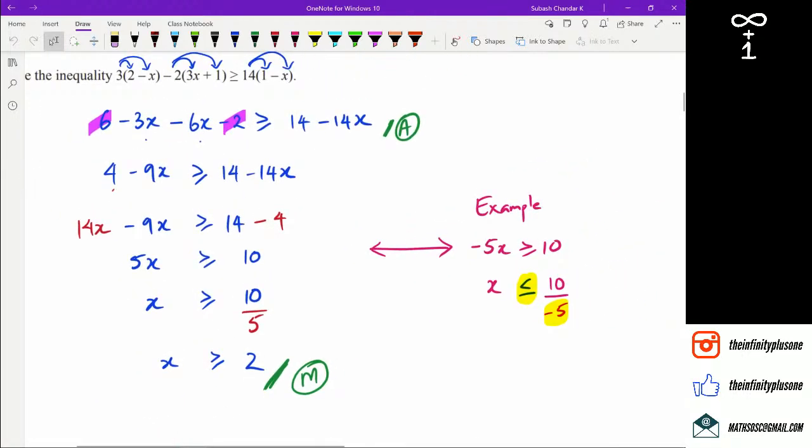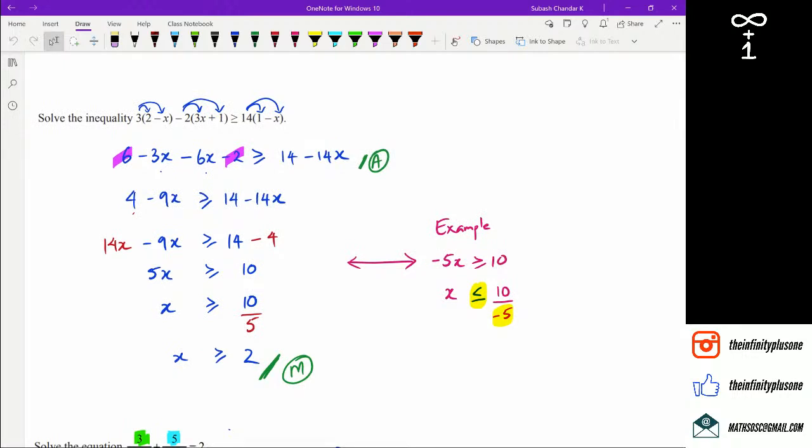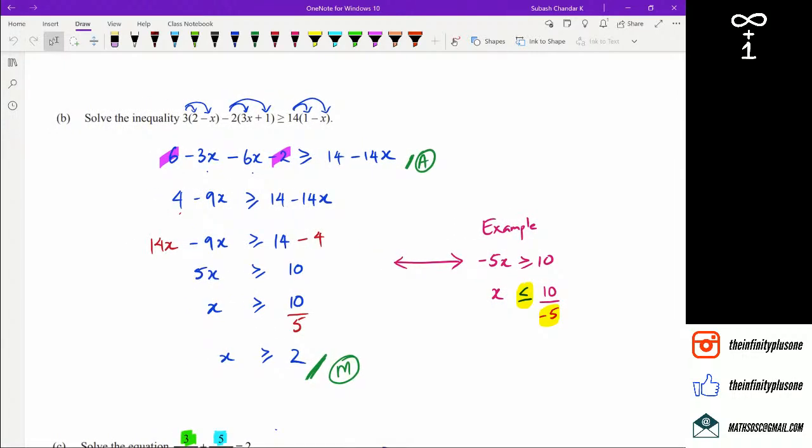This is last year's question, by the way, which is a merit question. I kind of put that mental note there in the example: if you do divide by a negative number, then you end up changing the symbol. But in this particular question, even last year's question, you didn't even need to change it. It was just straightforward.